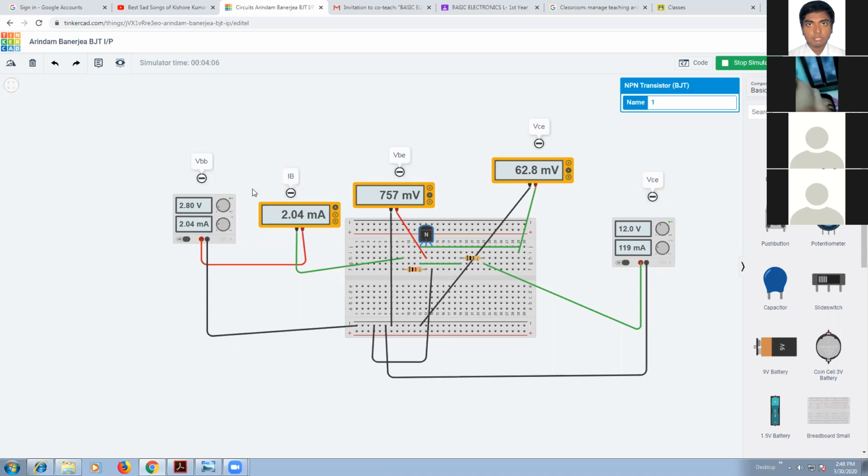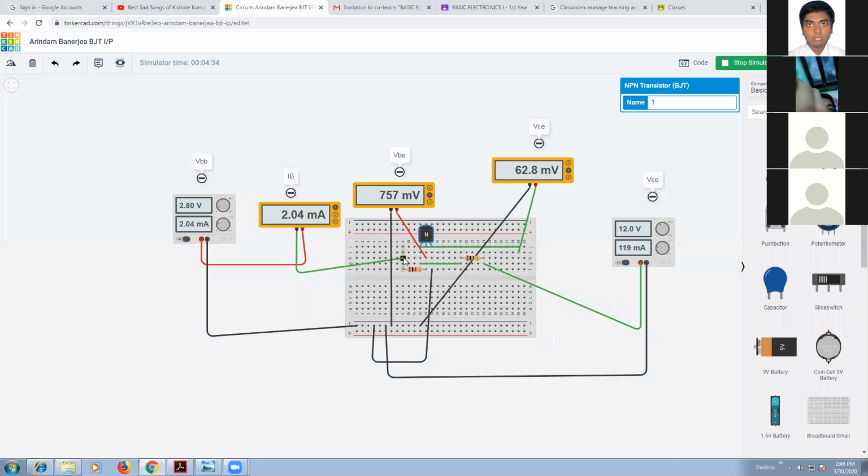This is VBB. This positive terminal is connected with the positive terminal of the milliampere meter, which I already connected. Then the negative terminal is to be connected here.